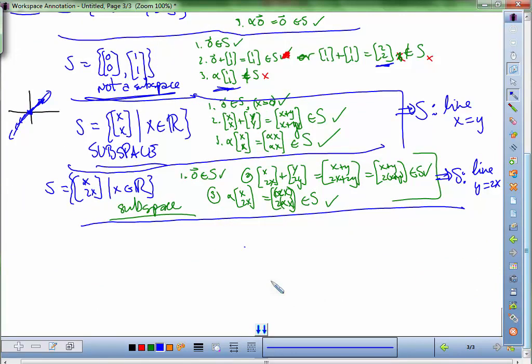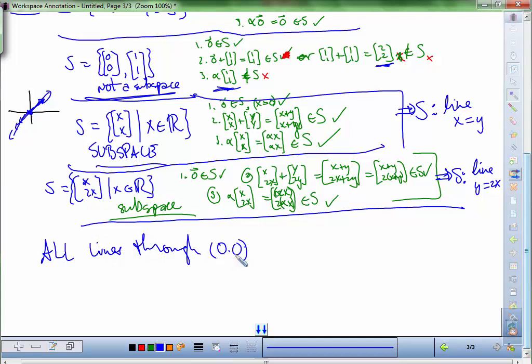So it turns out that all lines that pass through the origin are subspaces of R2.